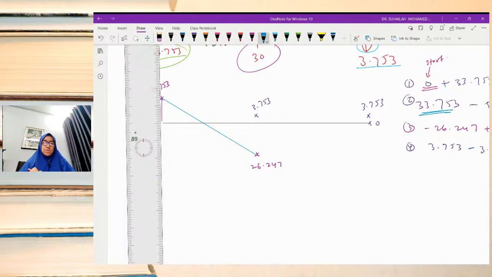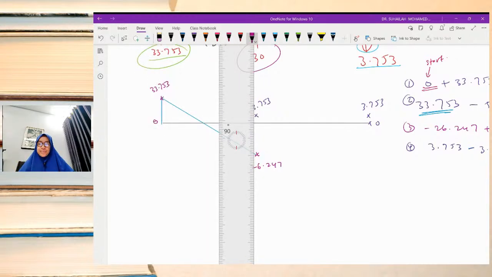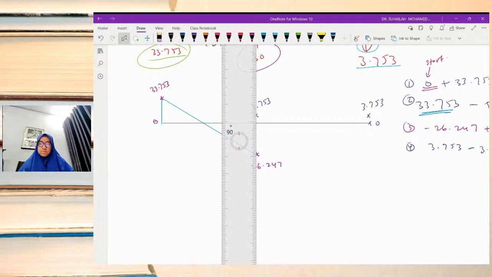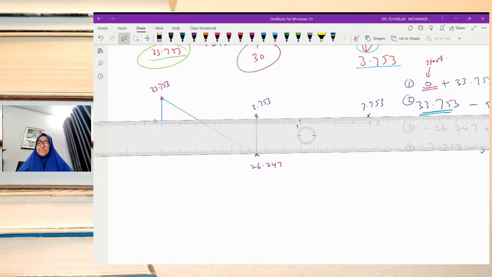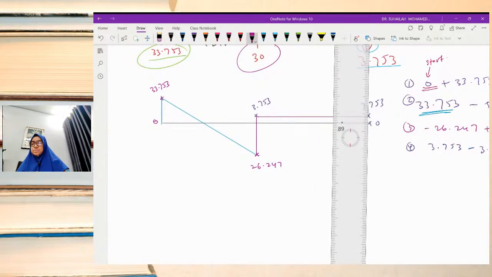Start at 0, go up, and then down, and then up, and then go straight, and then down.